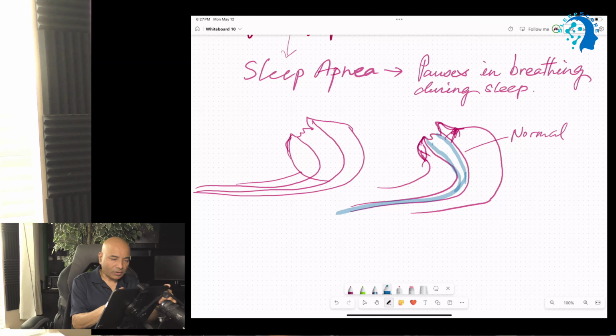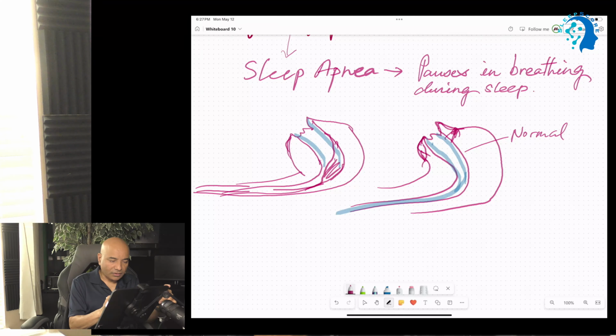Now here's the problem. Here it goes, but the problem is here. The tongue slides down and blocks the airways.